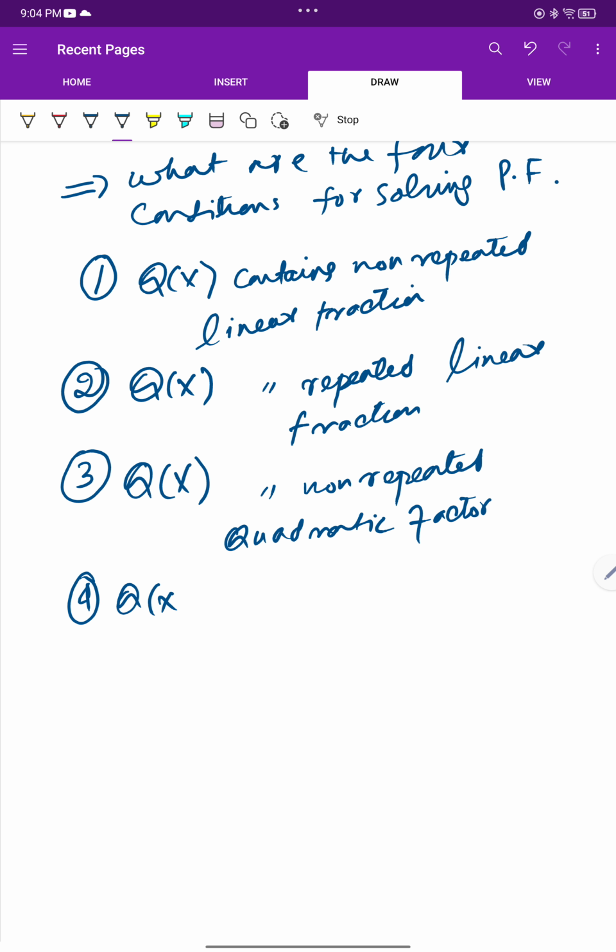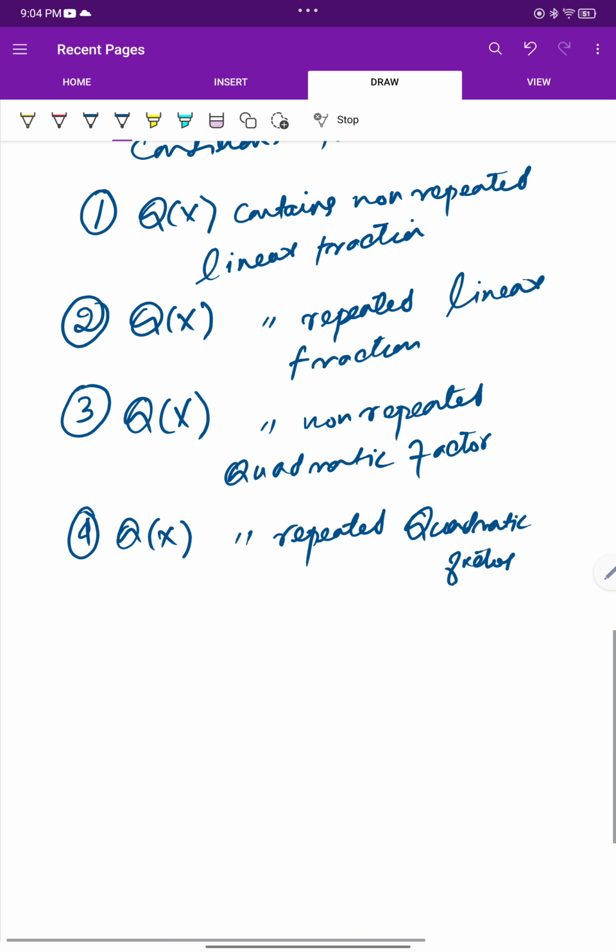Fourth, q(x) contains a repeated quadratic factor. So these are the four conditions.